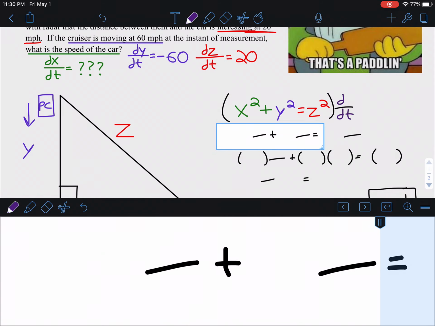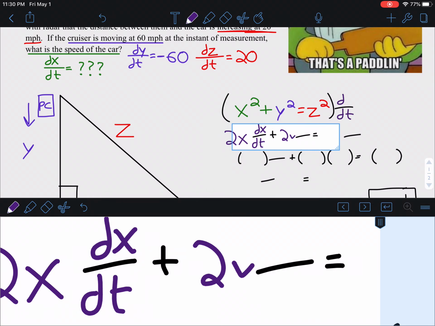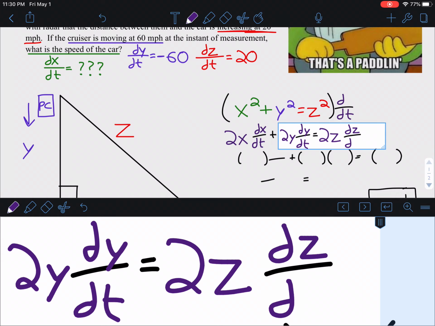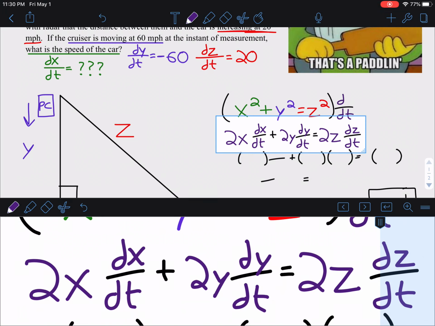And so that is going to give me 2x dx/dt plus 2y dy/dt is going to equal 2z dz/dt. These Pythagorean theorem questions are great because you're going to get easy derivatives, right? Things squared. That's just good old power rule, okay?